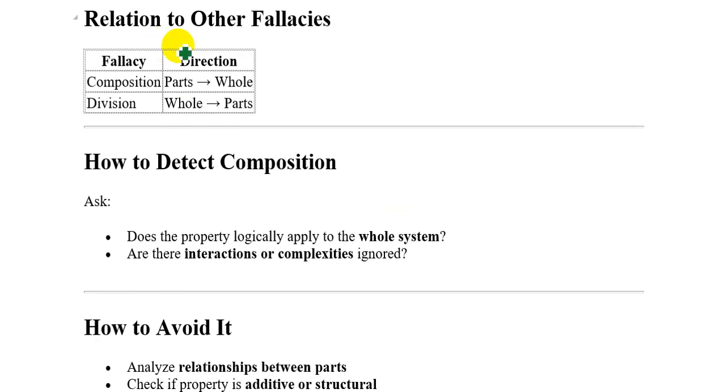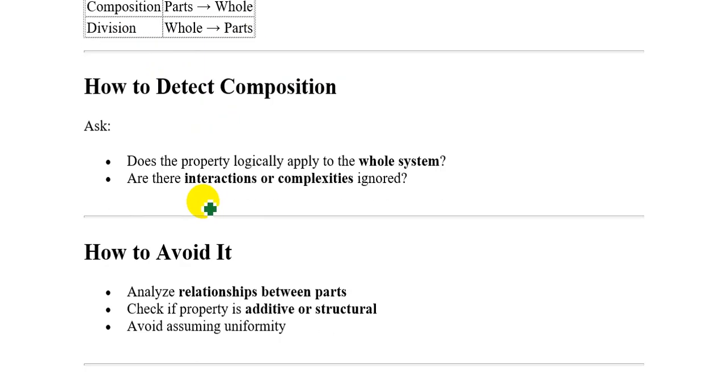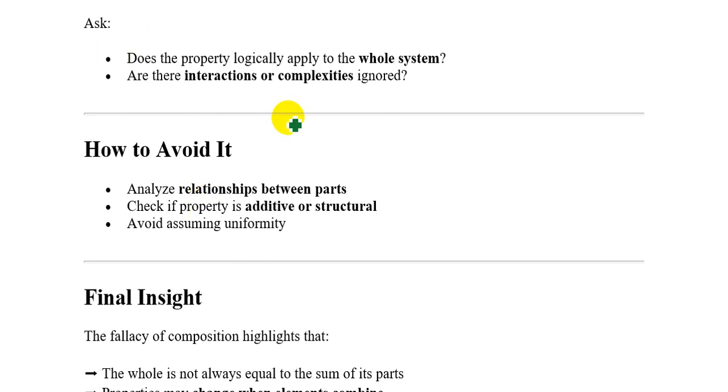Now, how does it relate to other fallacies? When we compare composition with division, division goes from whole to parts and composition goes from parts to whole. So how to detect composition? When a question comes in the exam to detect the fallacy, we have to ask: does the property logically apply to the whole system? Are the interactions or complexities ignored? So how to avoid it?